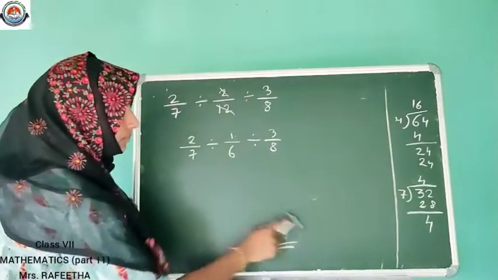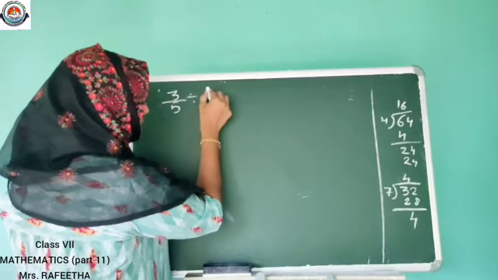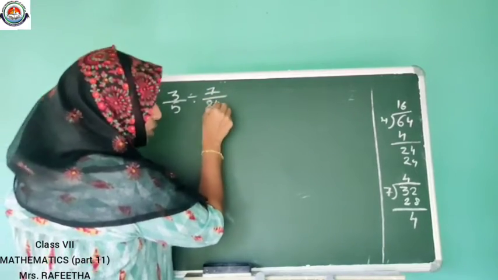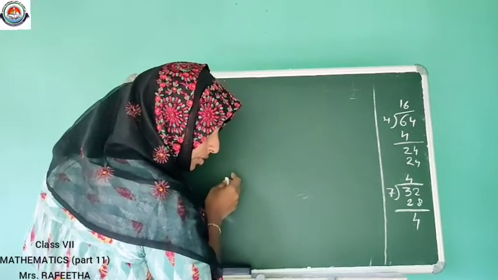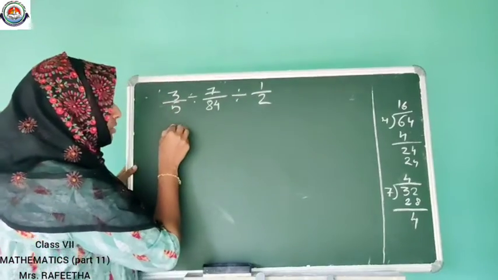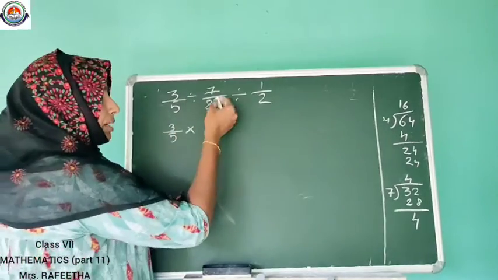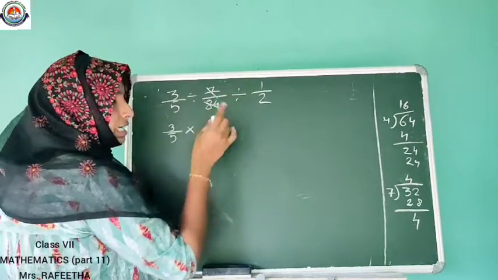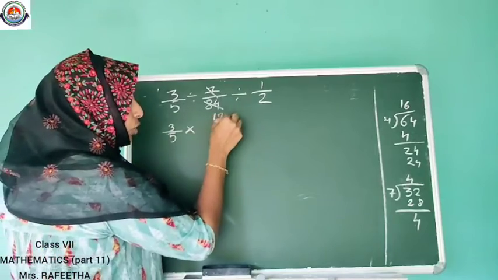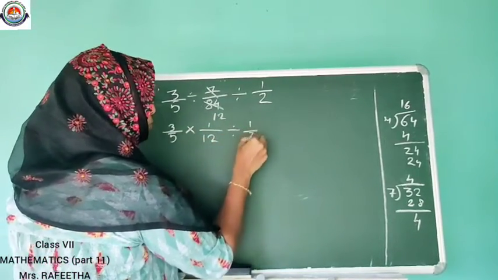The next question, 3 by 5 divided by 7 by 84 divided by 1 by 2. 3 by 5 itself. Instead of division, multiplication. 7 by 84, 7 and 84 we can cut. 7 12s are 84. Okay, so 1 by 12 divided by 1 by 2.